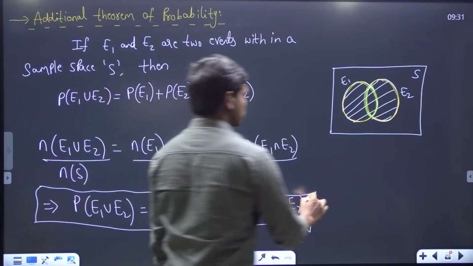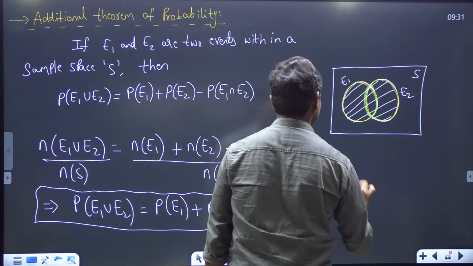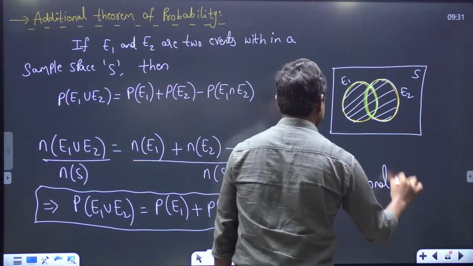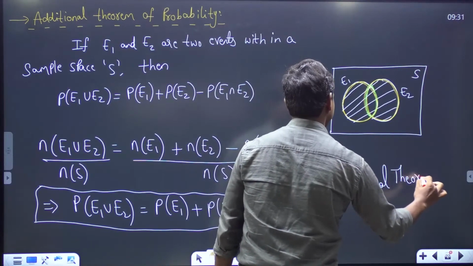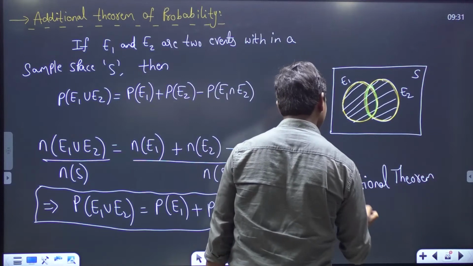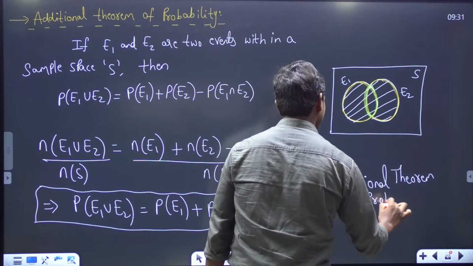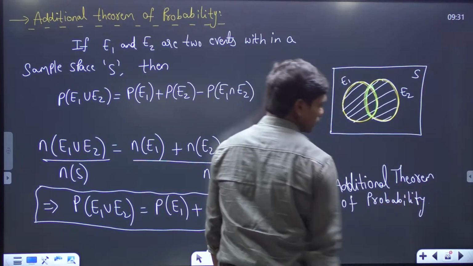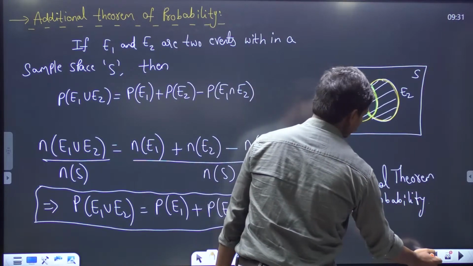So this is the addition theorem of probability. Now, we'll see a special case.